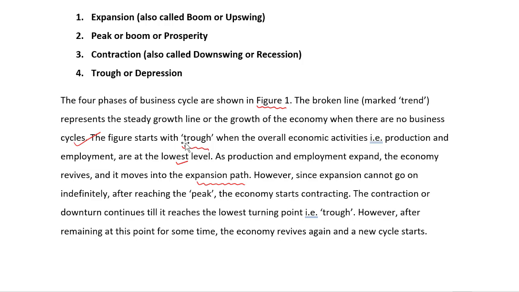However, since expansion cannot go on indefinitely, after reaching the peak, the economy starts contracting. The contraction or downturn continues till it reaches the lowest turning point, that is trough. However, after remaining at that point for some time, the economy revives again and a new cycle starts. Getting it?